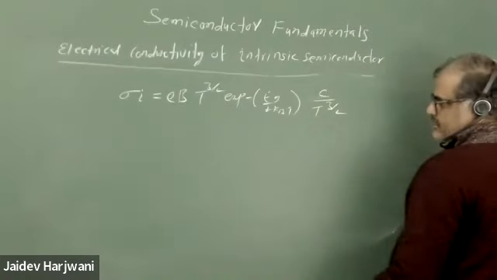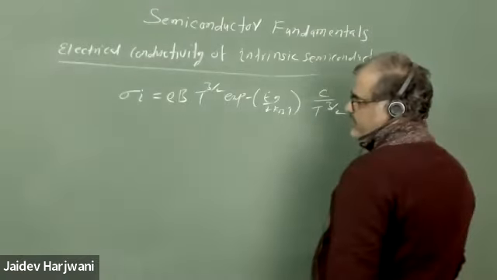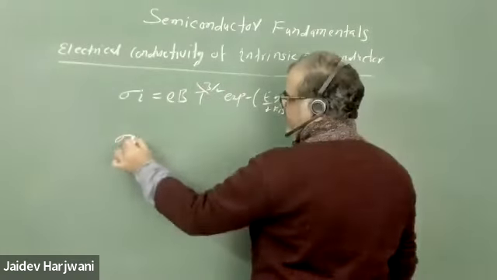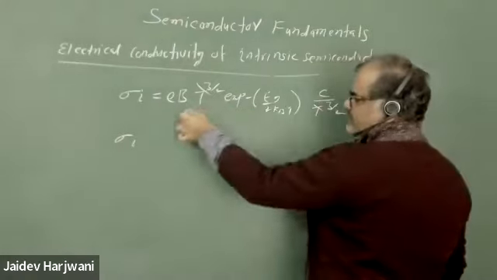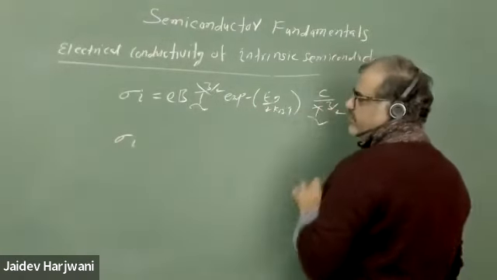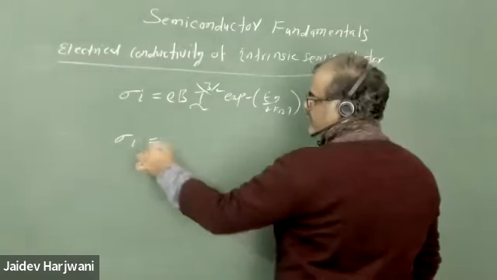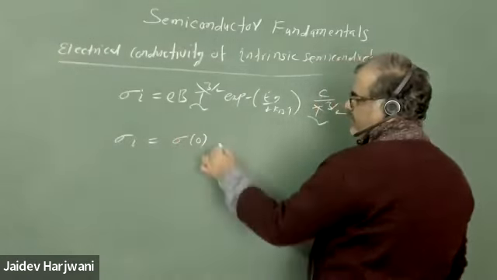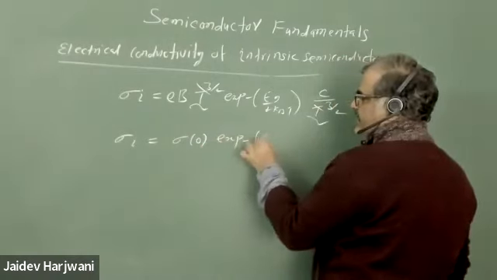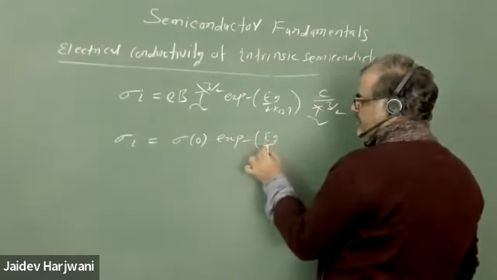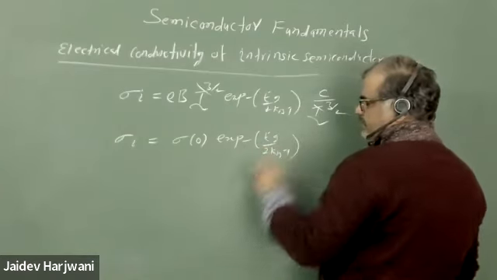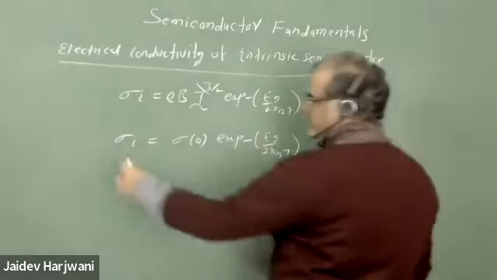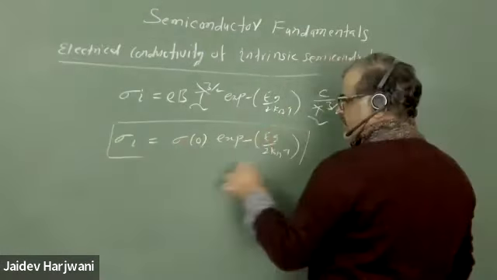Now we are not bothered about low temperature mobility, so this will cancel out, because they cancel each other's effect. So in the expression you will just get conductivity equal to a constant times exponential minus Eg upon 2 kB T. This is the expression for conductivity of an intrinsic semiconductor.